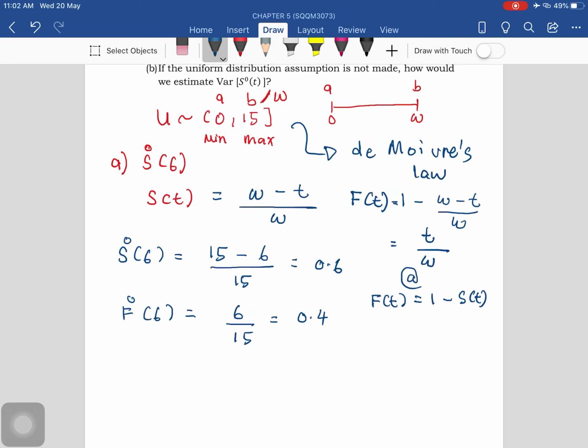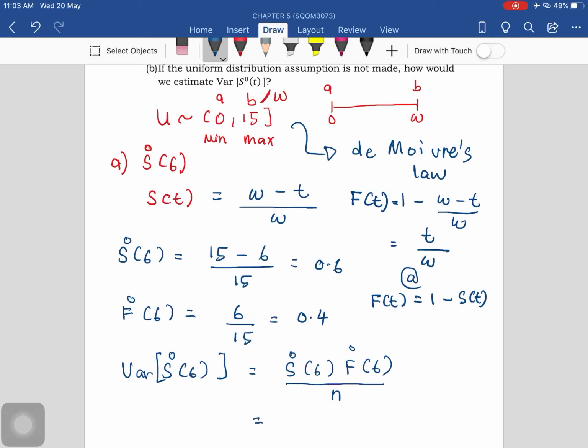After we get S(6), the variance of S_hat(6) is equal to S(6) times the failure over n.